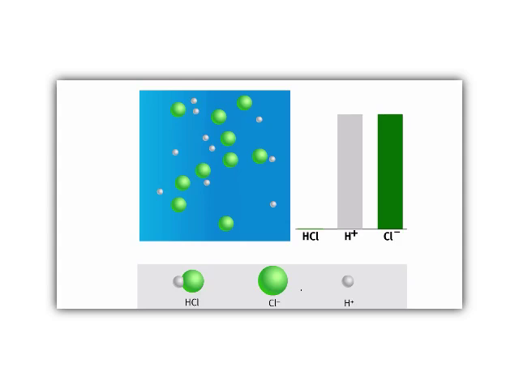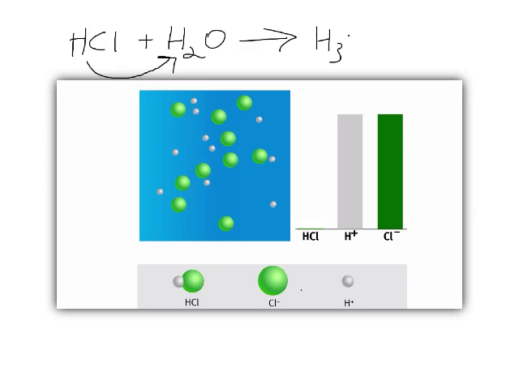So the first way is we just say that we have hydrochloric acid in water, and the hydrogen ion, the proton, goes from the HCl to the H2O, so that gives us H3O+, which is called the hydronium ion, and Cl-.